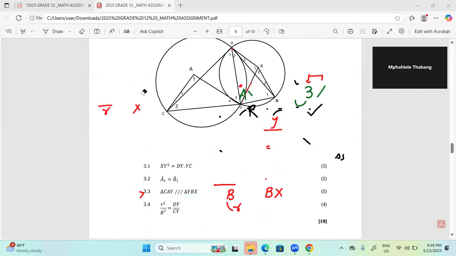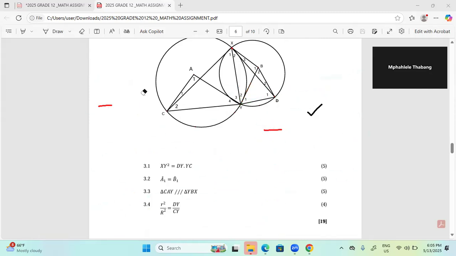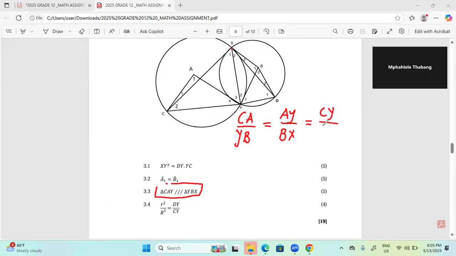So I will have to erase everything and think carefully about this. I think I've been working on this problem for a while, so my mind might be a bit tired. But I know we have to focus on 3.3. This one needs to help us. So you say CA over YB equals AY over BX equals CY over YX.